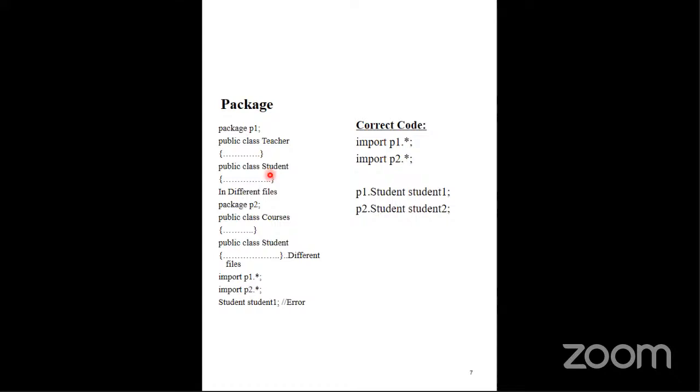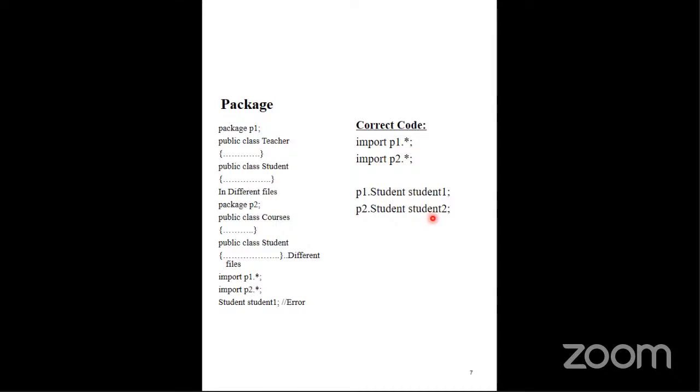So how to solve this problem? Whenever two or more packages have the same class, which is very unusual actually, but if at all present, then you write import P1.star, import P2.star, and to resolve the ambiguity, you write P1.student, then create a reference of it, P2.student, then create a reference of it.